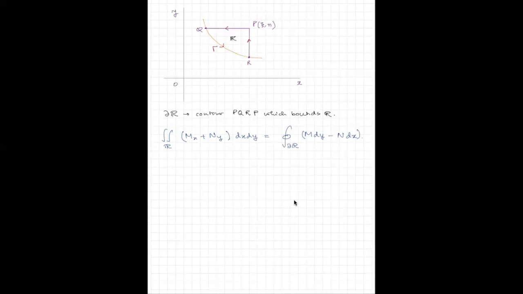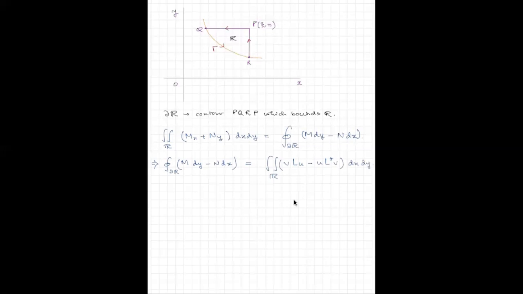So the integral over del R of m dy minus n dx is equal to the double integral over R of v L u minus u L star v dx dy, right? That is what we saw earlier.